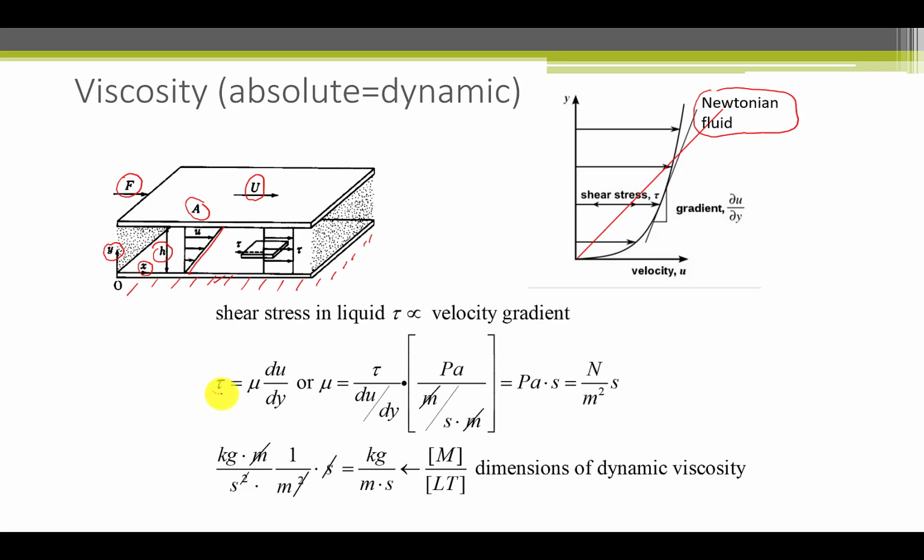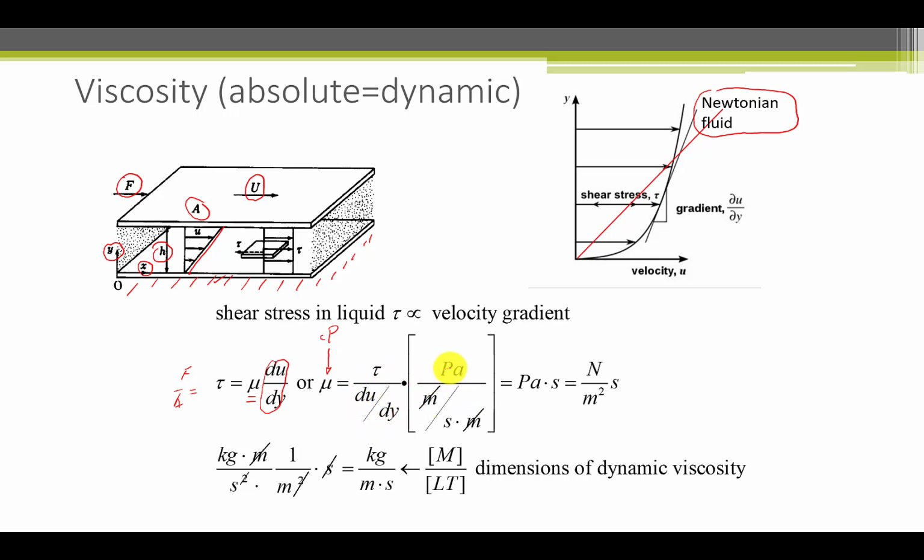In the case of the moving plate, we have the shearing stress as tau, and that's supposed to be a constant times the velocity gradient. In other words, how steep this line is. So this is the velocity gradient. If we rearrange this for mu, and this is in fact the dynamic viscosity, well, let's just say it's Cp for centipoise, we can rearrange for tau divided by the velocity gradient.